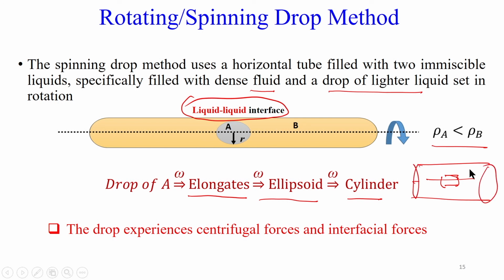If you capture the shape of that interface, or the shape of that particular drop of A, we should be able to estimate the liquid interfacial tension. This shape change happens because the liquid drop is experiencing both centrifugal force as well as the interfacial forces. Because of this there is a deformation of the shape, and you can capture the image of the static shape.